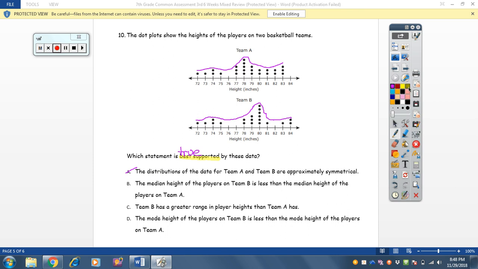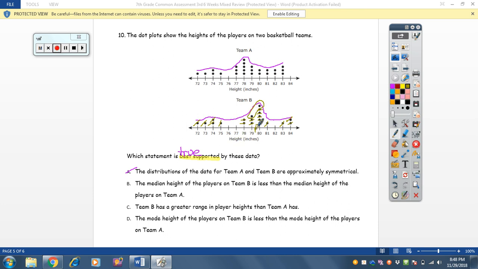B says the median height of players on Team B is less than the median height of the players on Team A. So for the median, that means middle, you have to cross off the top and the bottom until you get to only one dot left. Oh no, I have 2 dots left.